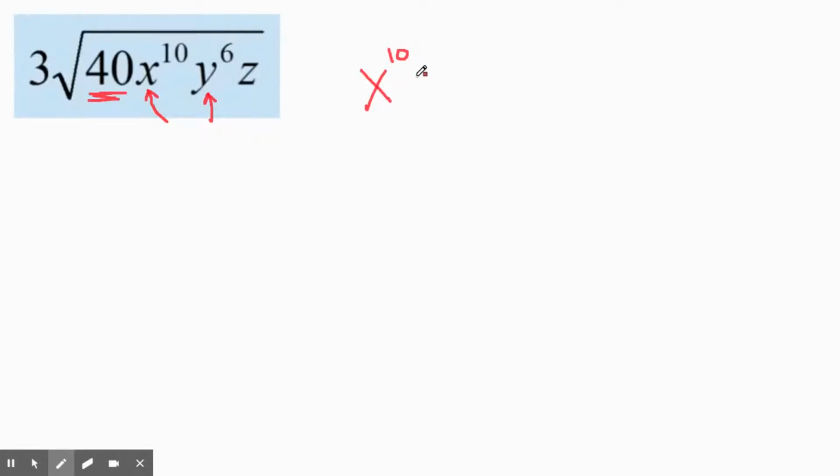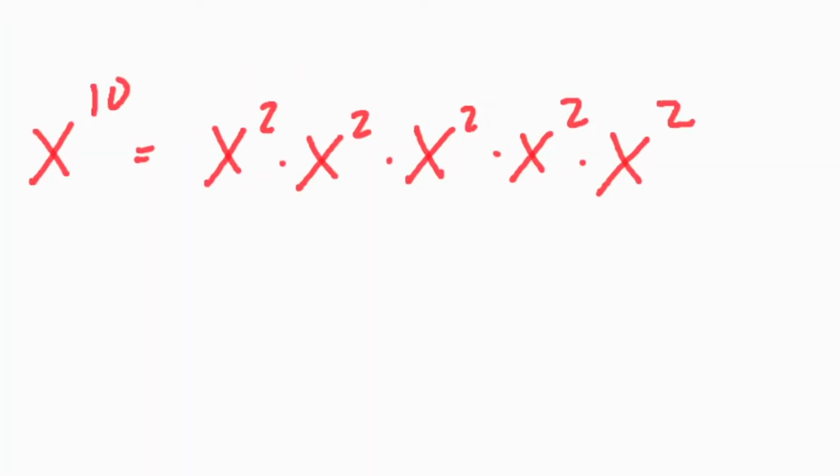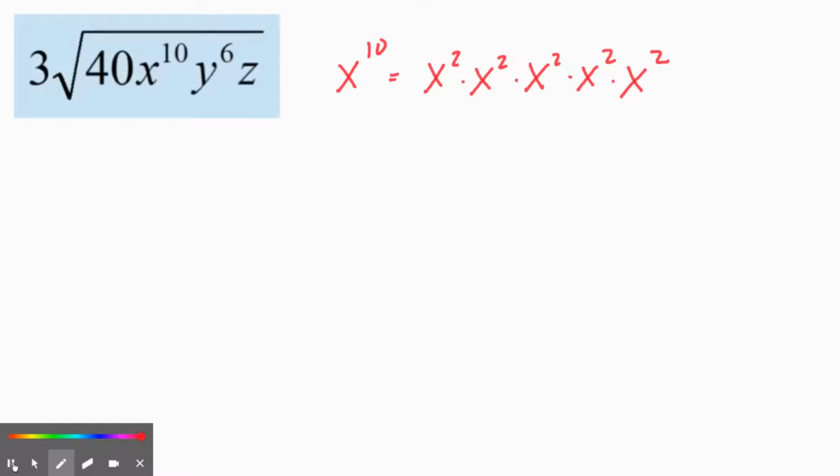Well, we could factor out a bunch of x squareds. And here I have x to the 10th factored into x squared times x squared times x squared times x squared times x squared. Or we could be a little smart about it. Isn't x to the 10th really x to the 5th times x to the 5th?